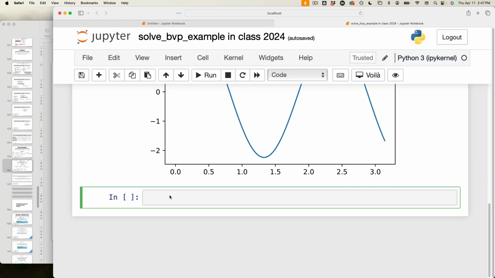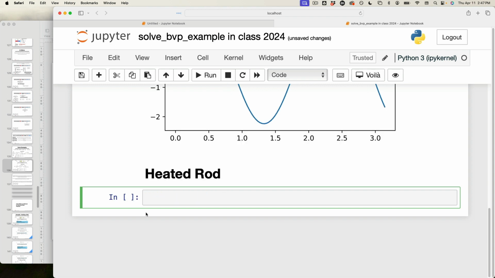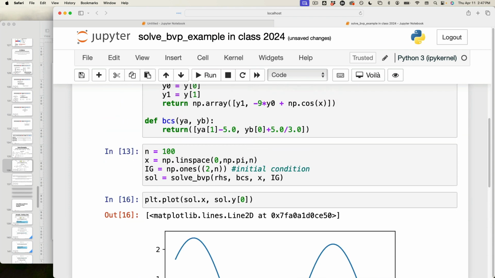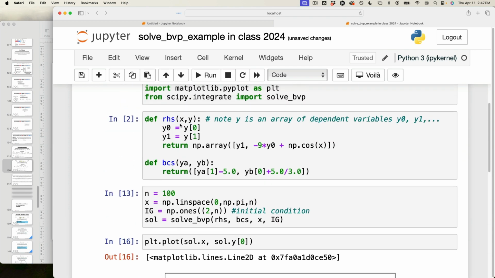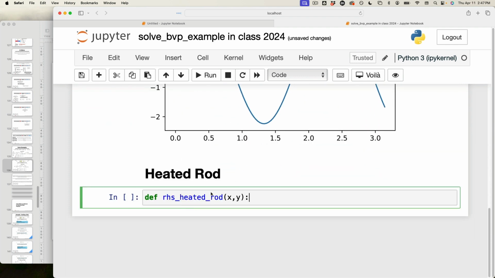Okay, so now we do the heat transfer problem. Heated rod. Define right-hand side heated rod. And this will be x, y, just like we did here. I can actually just copy and paste.